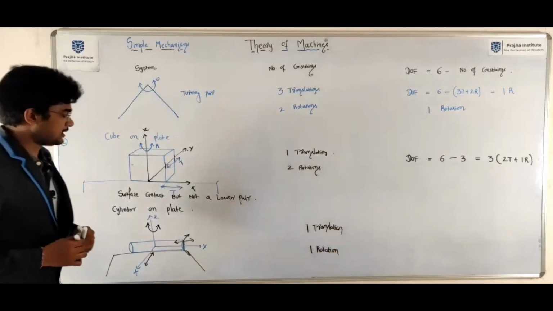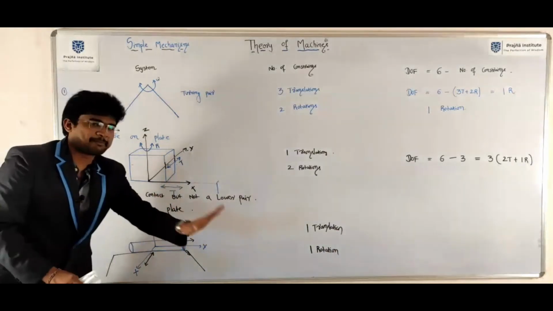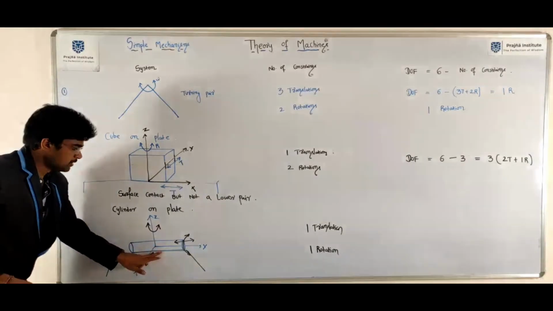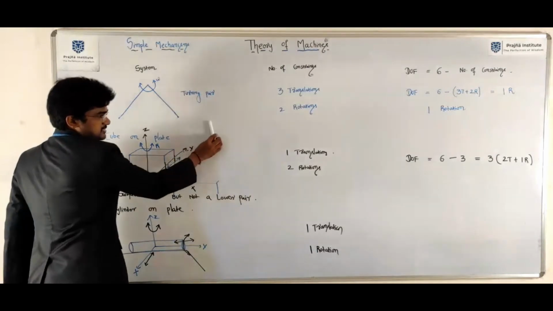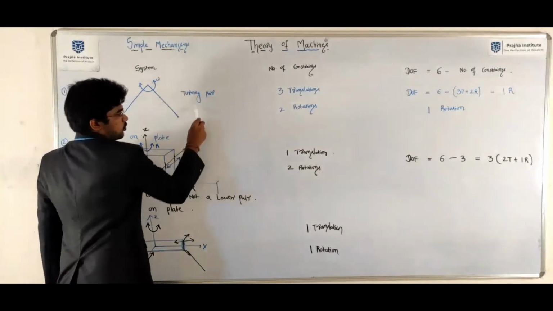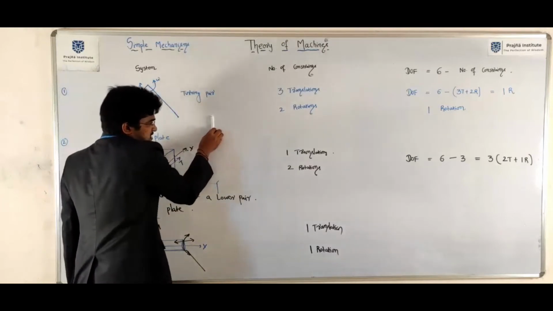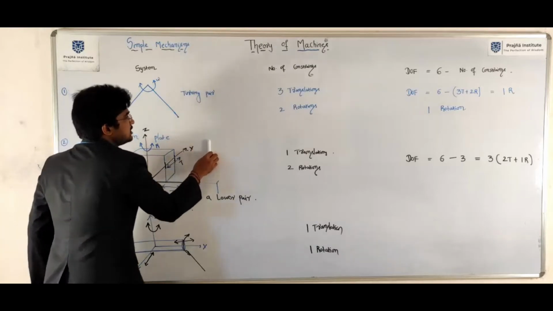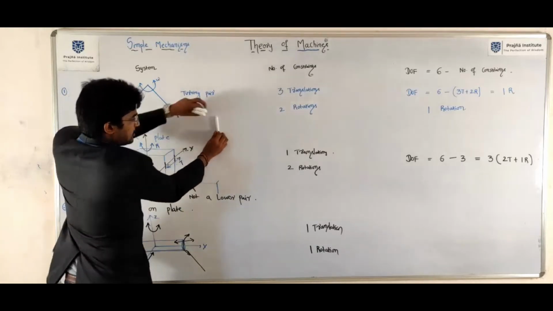Just feel it. It is a cylinder. You kept the cylinder on the plate or table. It is a cylinder placed on X, Y, Z. You can translate along the x-axis and along the y-axis.